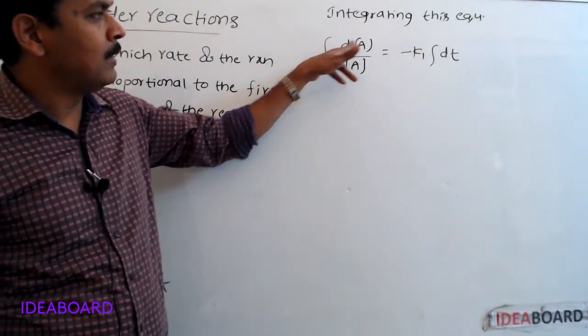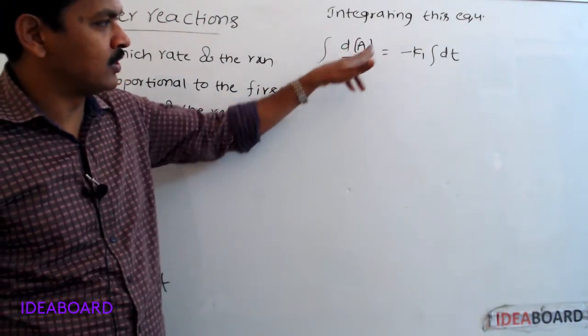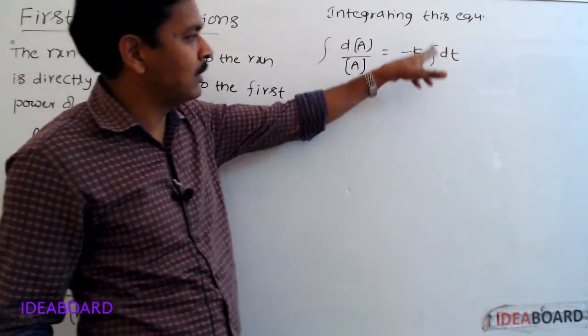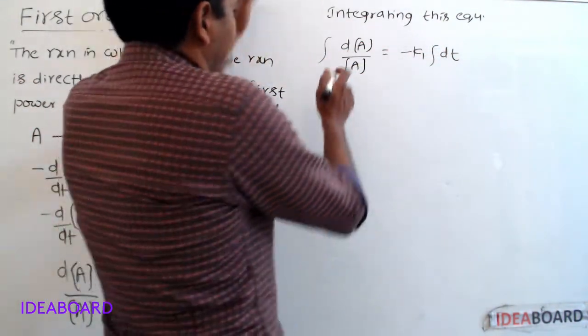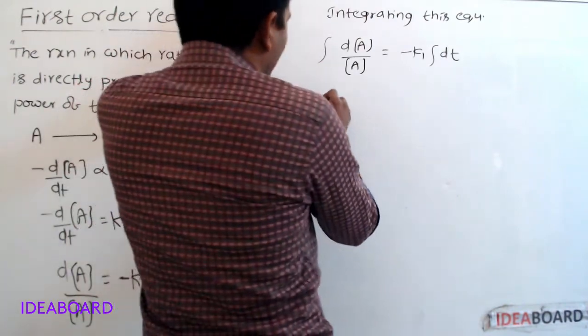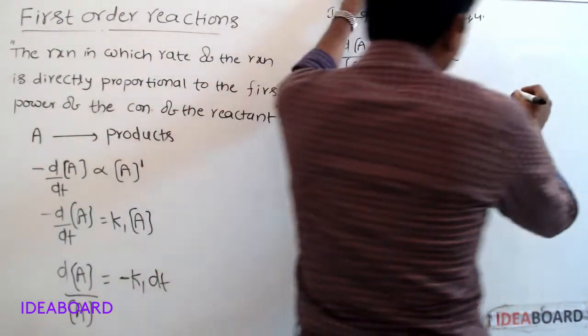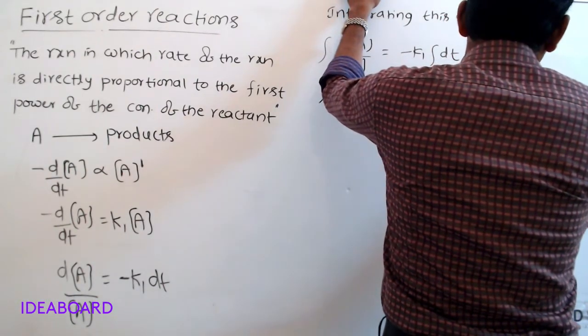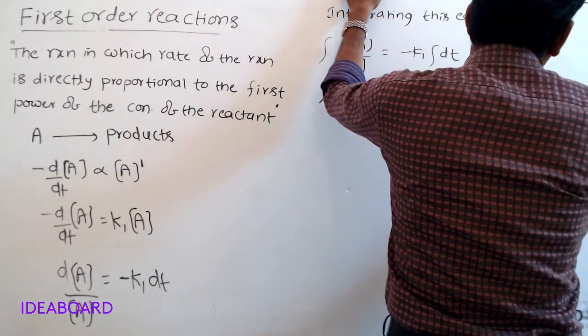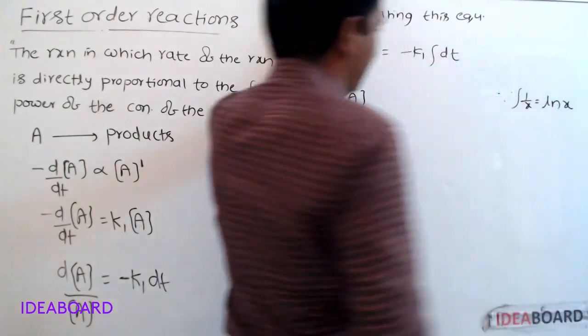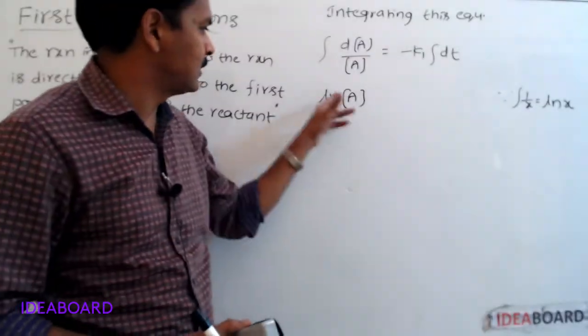The integral of 1 by x is the formula log x, or ln x. This is a natural logarithm.